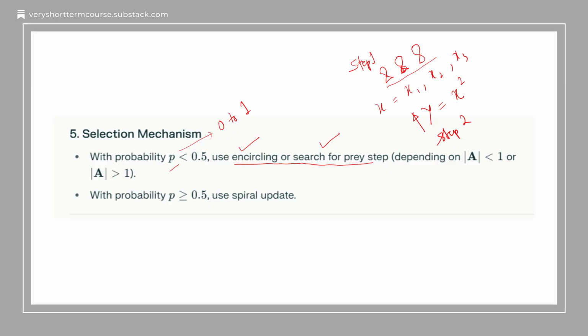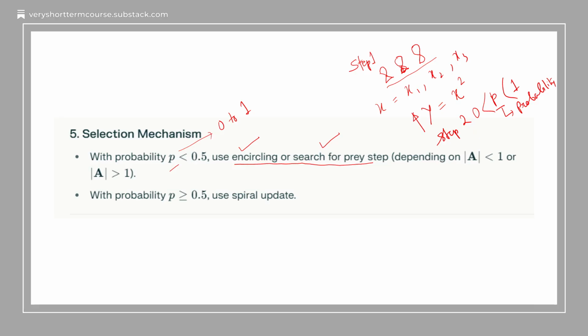you generate a value of P randomly within 0 to 1. Clear? This P is also referred to as probability, but there is no relation with the concept of probability.